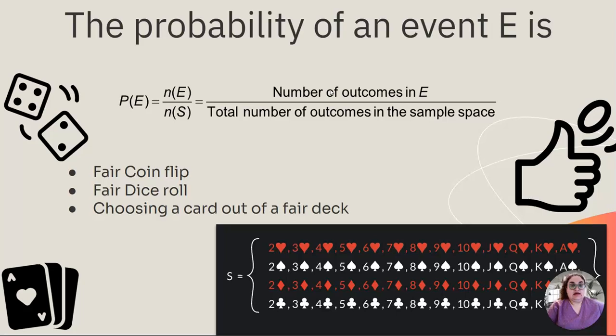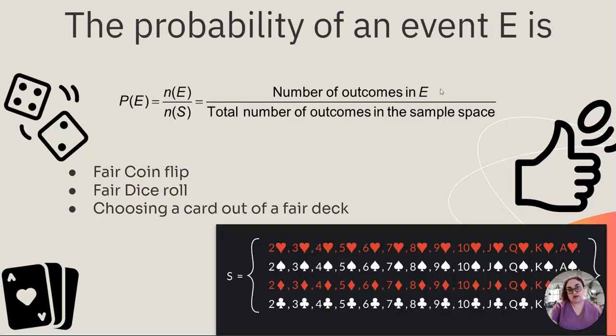Okay, so here's the idea of what I'm talking about. The probability of an event is the number of outcomes in the event over the total sample space. So let's look at our dice again. We have one dice, and let's say our event is that I rolled an even number.